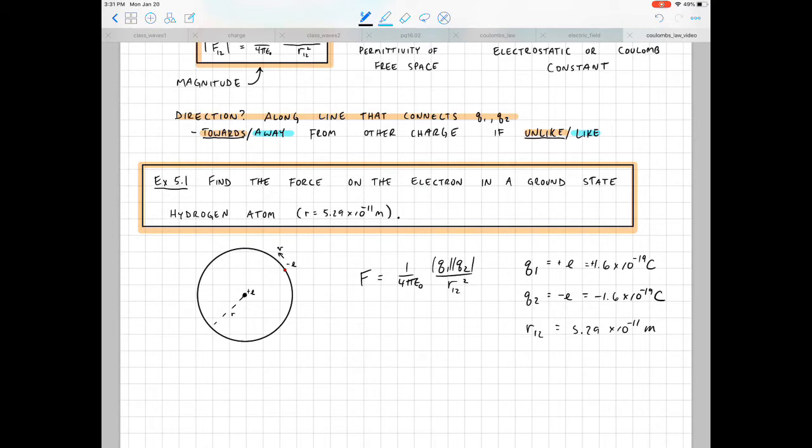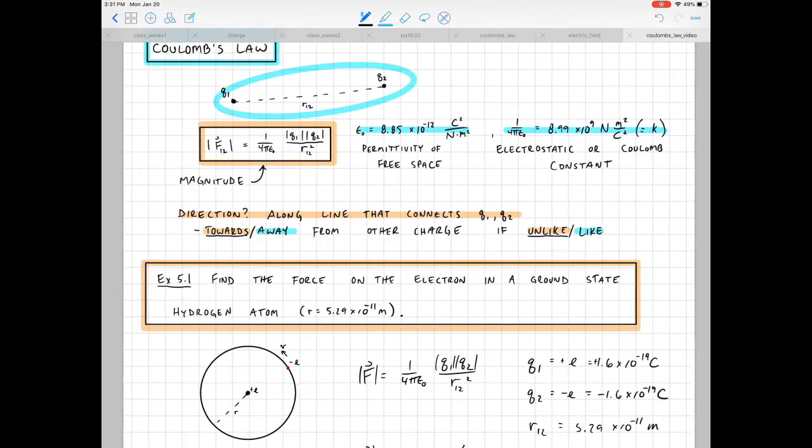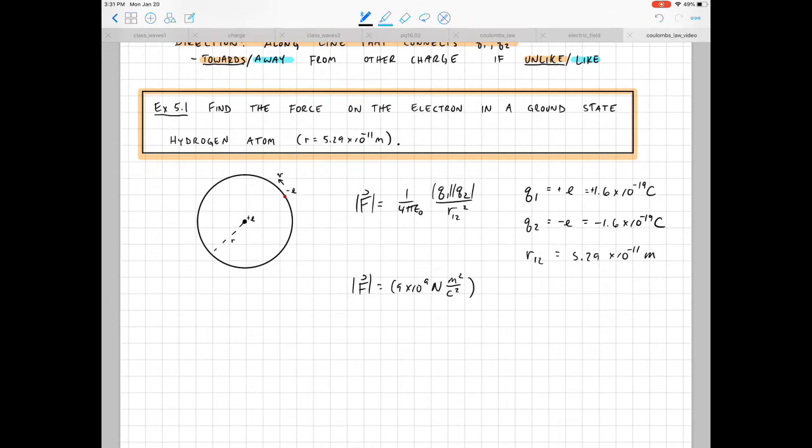And so I'm just going to plug in the numbers here. My 1 over 4 pi epsilon naught, remember, is 9 times 10 to the 9 Newton meters squared per Coulomb squared. That was the electrostatic constant that I put up there.